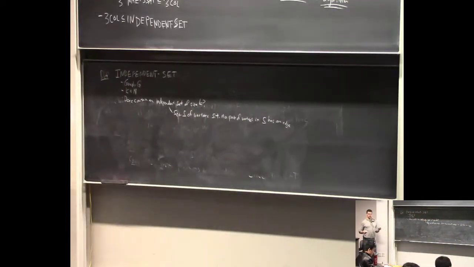So it's just a set of vertices, no pair of which is connected by an edge in the graph. Okay. Statement of problem clear.